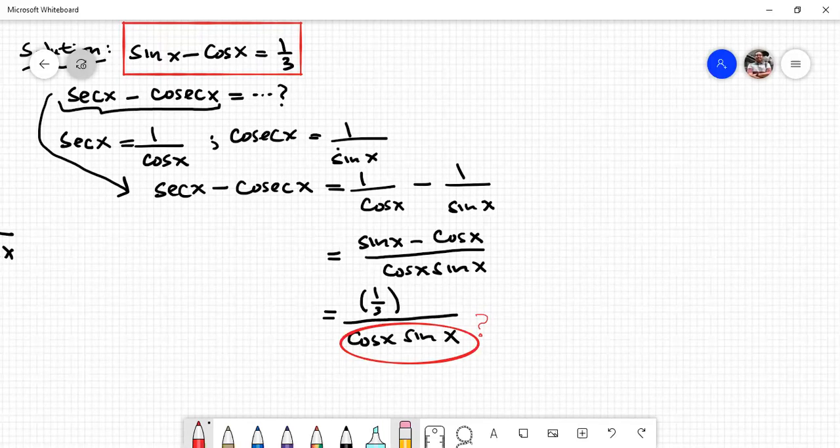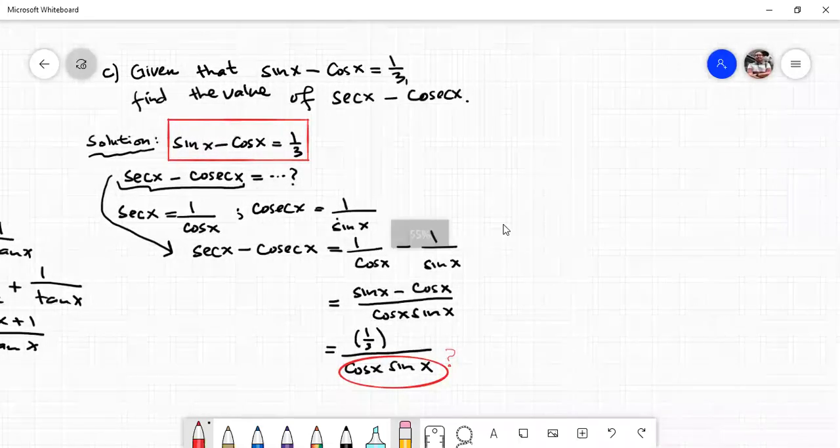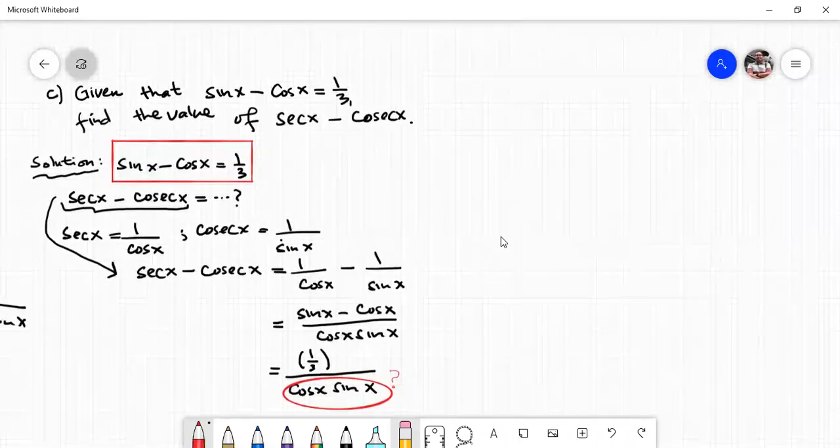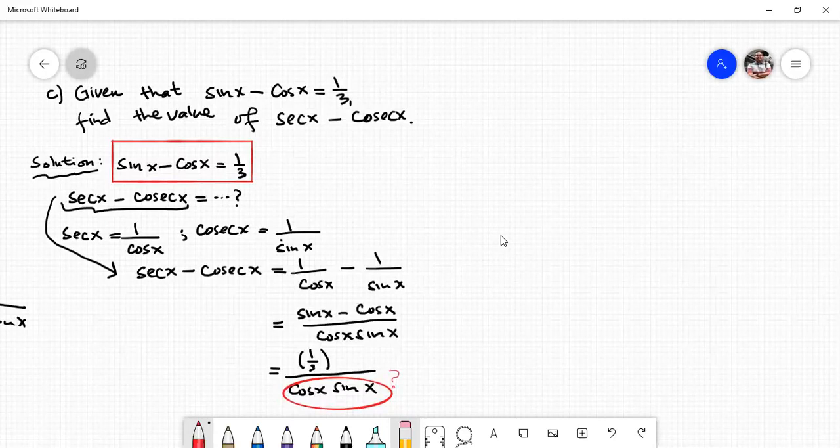Any suggestion? What do you think, students? How do we find the value of cosine x and sine x?